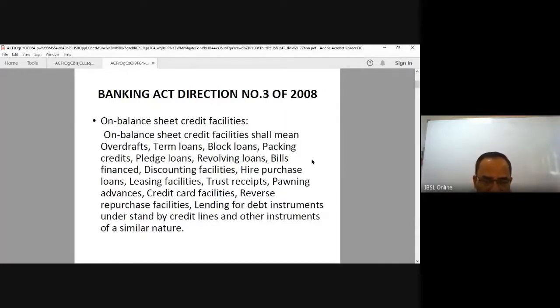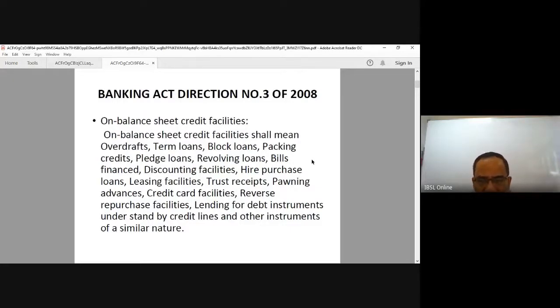Examples are overdraft, term loan, block loans, packing credits, pledge loans, revolving loan, bills finance, discounting facilities, hire purchase, leasing, trust receipt, TR loans, pawning advances, credit card facilities, reverse repurchase facilities, right? Lending for debt instruments under standby credit lines. These are all called on-balance sheet items because we have parted with the funds.